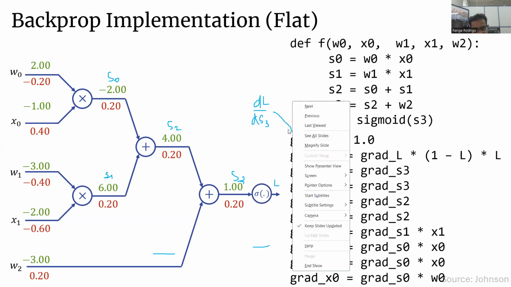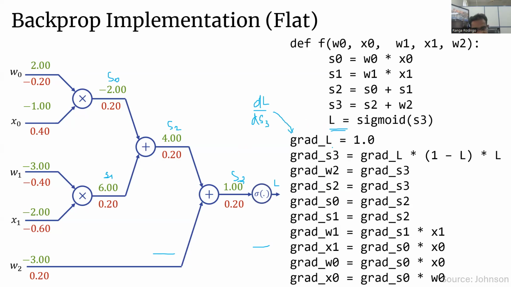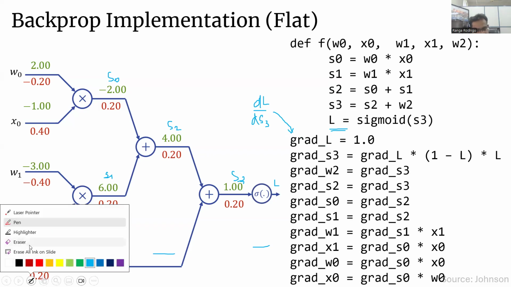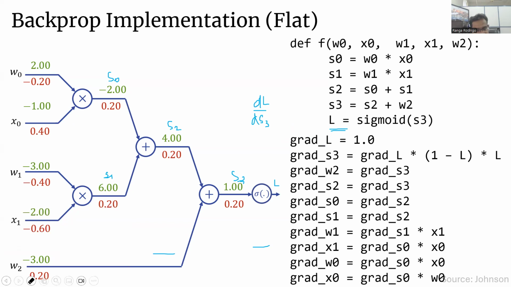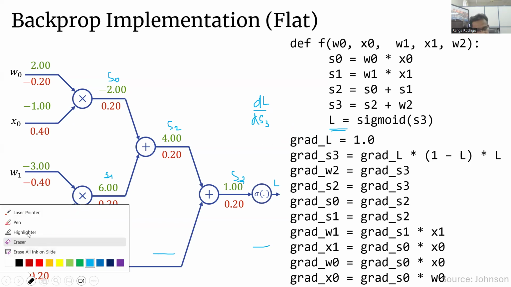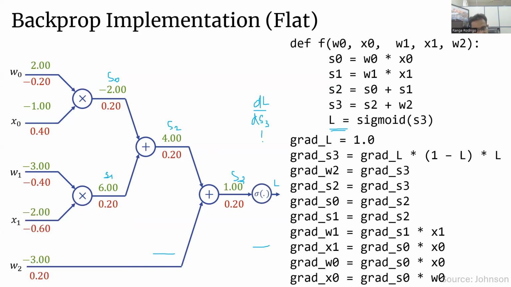That quantity we write as grad S3, because it is always the gradient of L that we are computing with respect to S3. This is dL with respect to dL. It's 1. Now for these, we have to use the partial derivative notation. This is the partial derivative of L with respect to W3.